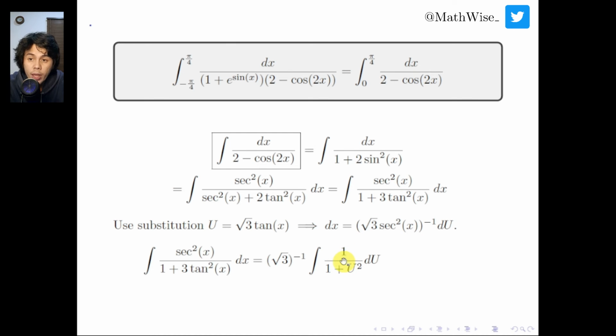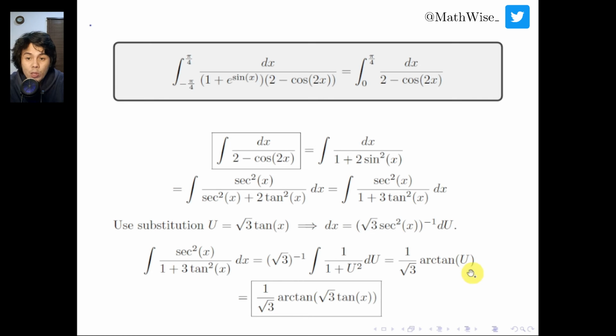And in terms of u, 3 tangent squared of x is just u squared. So we get this in terms of u, and this will be easy. This is just tangent inverse, right? Tangent inverse of u. So we get 1 over square root of 3 times tangent inverse of u.